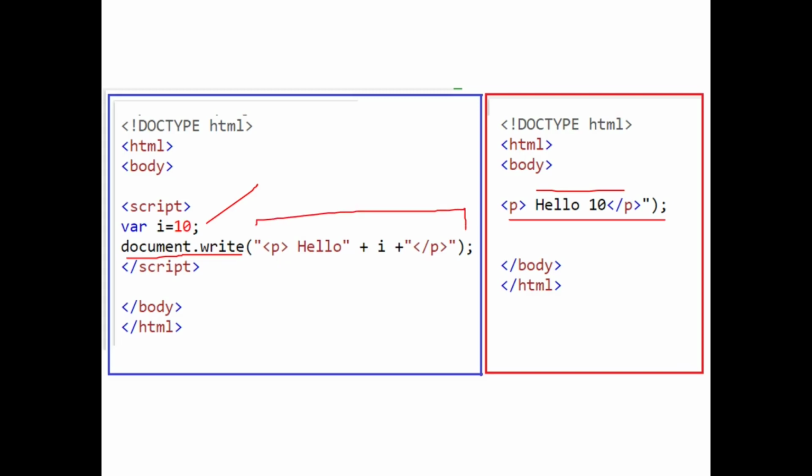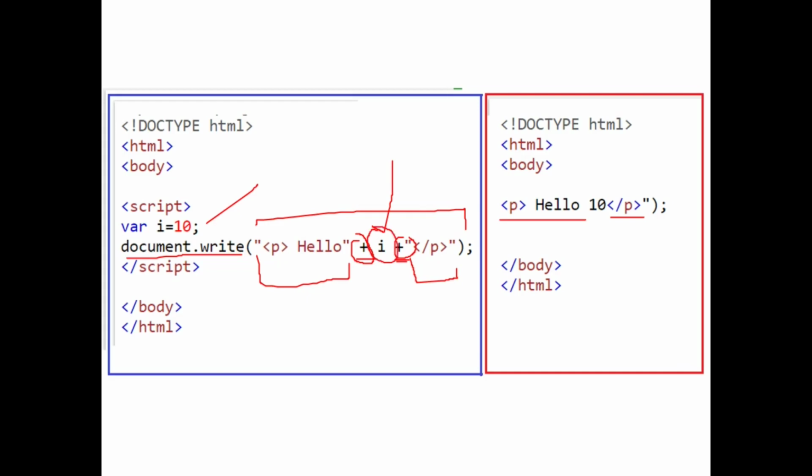You can see here one string within double quotes is p tag and hello. One more string within double quotes is the end of p tag. That means one string is till here, p tag and hello, one more string is the closing p tag, and both strings are concatenated here using plus. You can see there is a plus over here and there is a plus over here, and in between the strings I have used I directly. So this is not within double quotes.